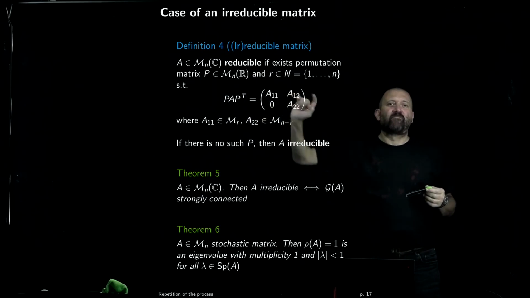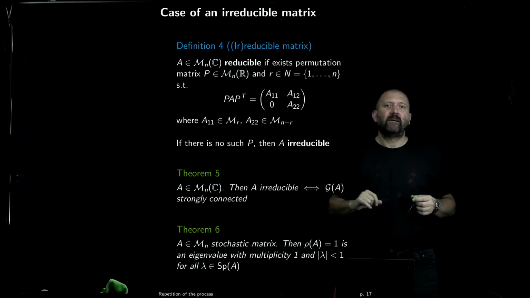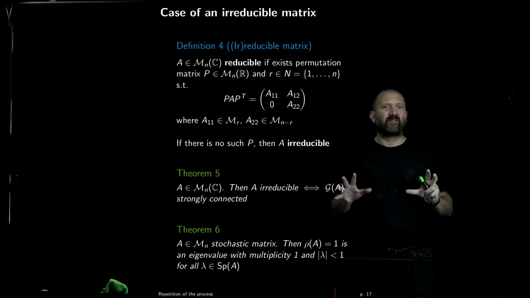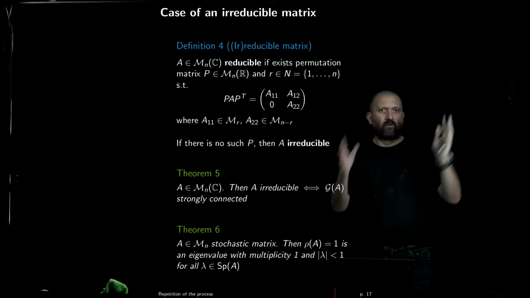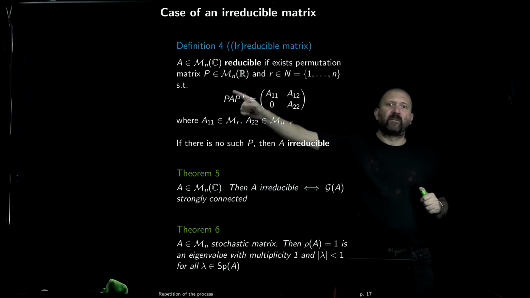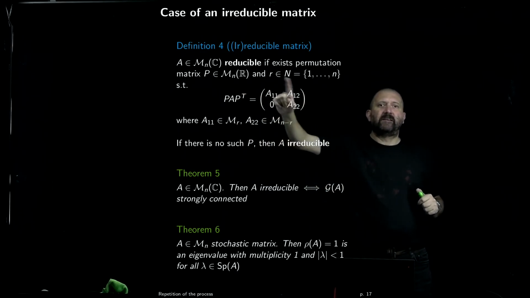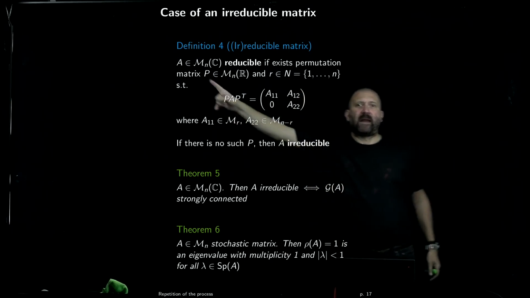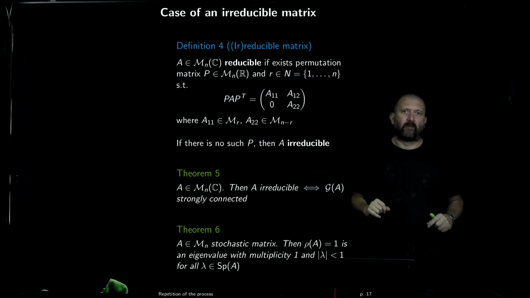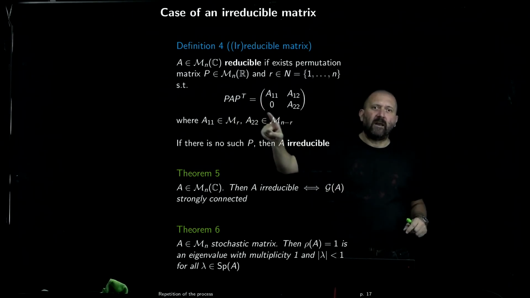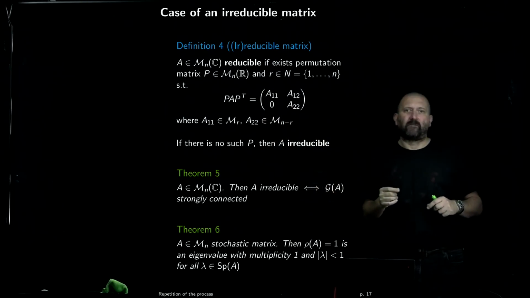So a matrix is reducible if I can find a permutation matrix, that's a matrix of zeros and ones that just reorders the rows and the columns of the matrix, and some number r between 1 and n, n being the order of the matrix, so that the matrix can be written in block upper triangular form.